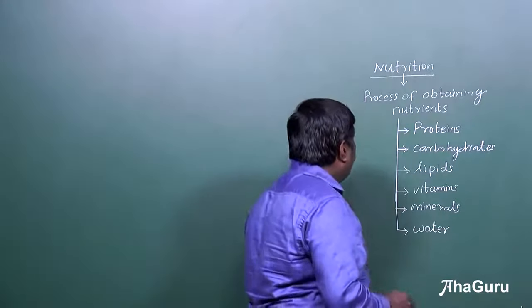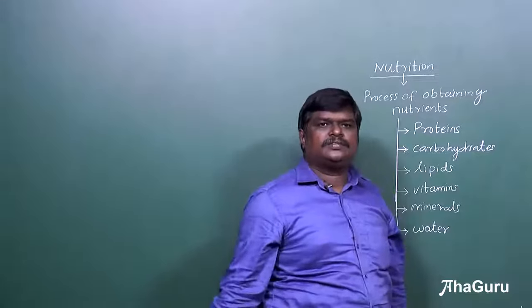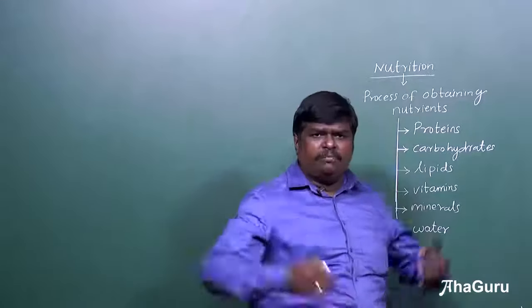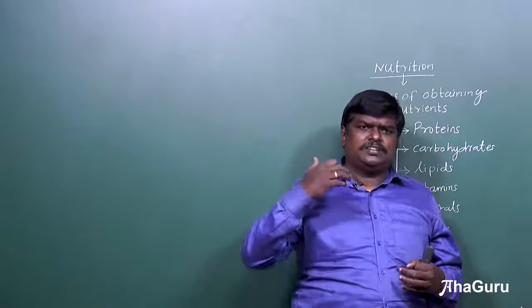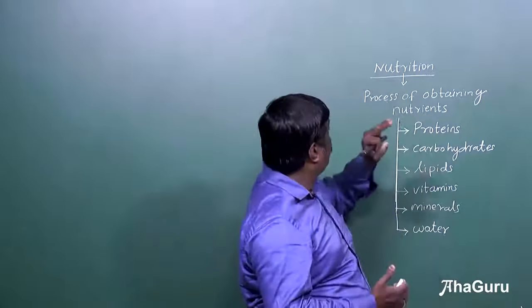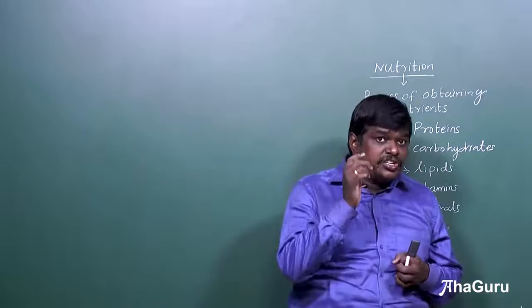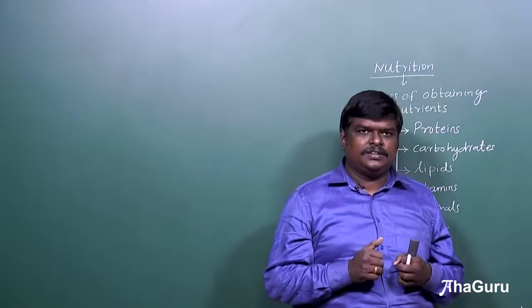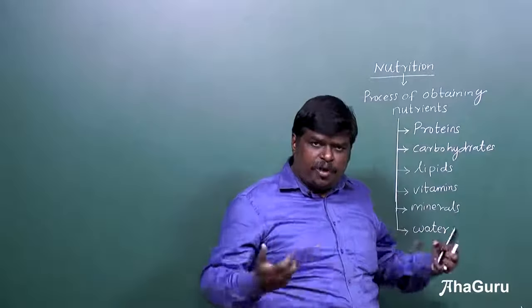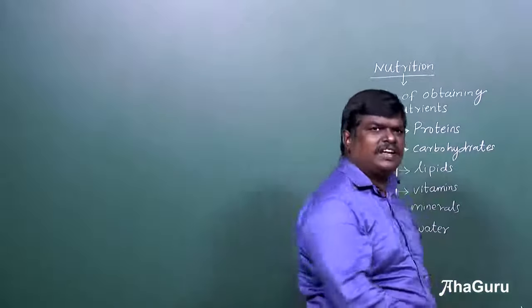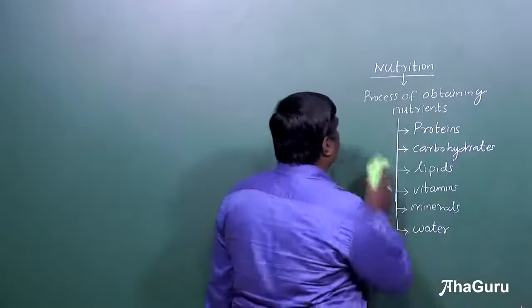These are all different types of nutrients. So the process of obtaining proteins, carbohydrates, lipids, minerals, vitamins and water, we call nutrition. So nutrition is also a life process. It includes the process of digestion, absorption, assimilation, all those things. So nutrition is also a very important thing.